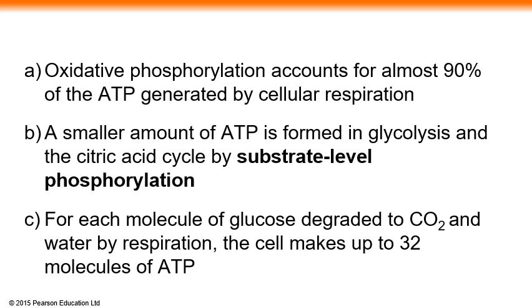For each molecule of glucose degraded to CO2 and water by cellular respiration, the cell makes up to 32 molecules of ATP.